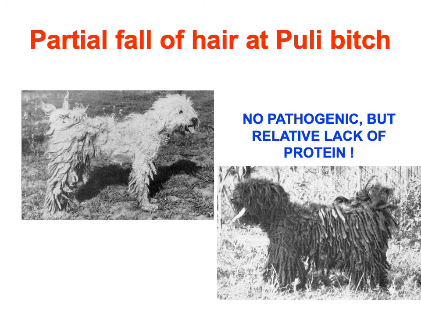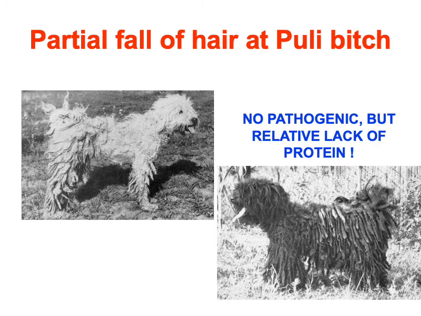The partial fall of hair at the Puli bitch is no pathogenic sign. This is a relative lack of protein. During the lactation, practically each bitch producing a high amount of concentrated milk will get into a relative lack of protein and can have a fall of hair.